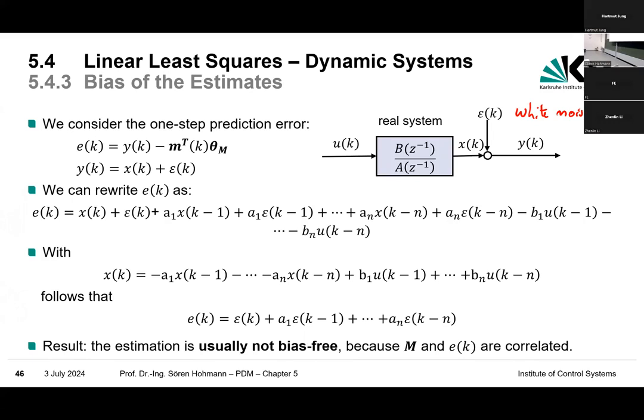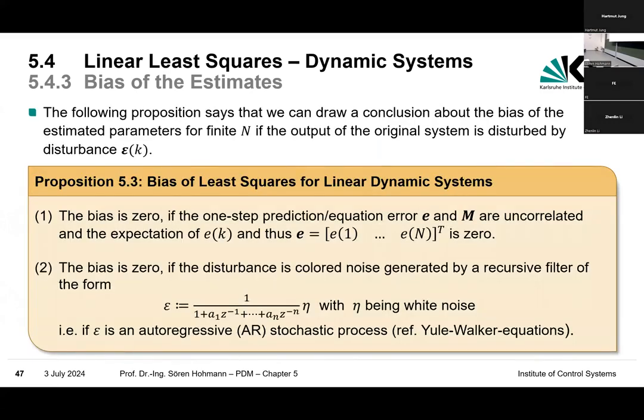That's the problem. We can also put it in this form, this is a positive formulation, by the way. Here you have some sort of proposition which says under which condition the estimation is bias-free, and the answer is under a specific condition of the disturbance.